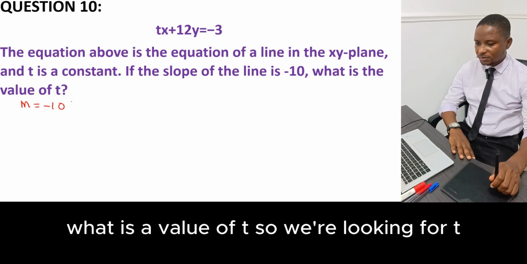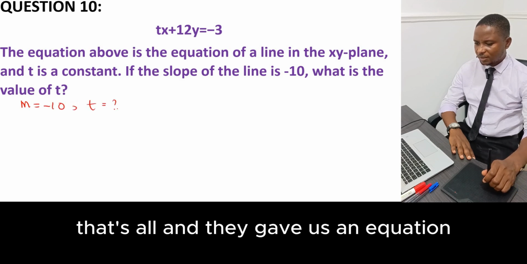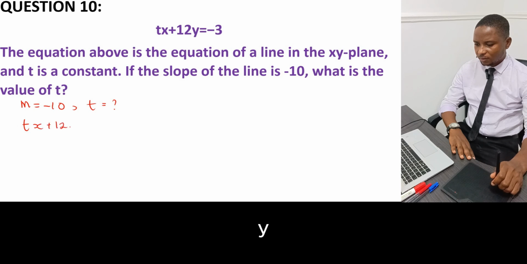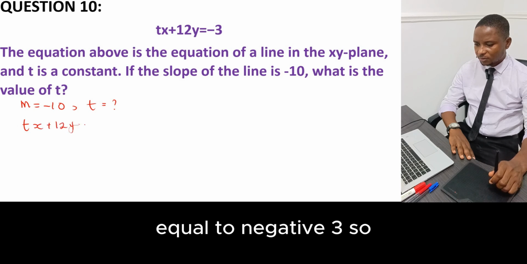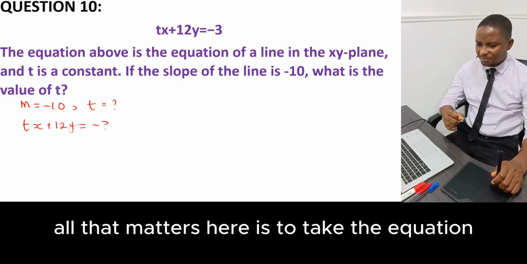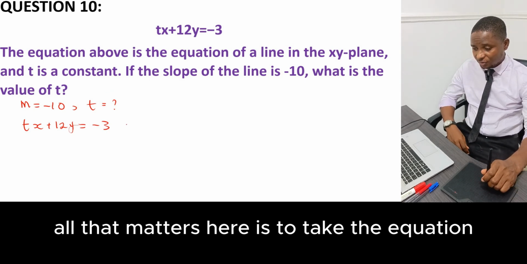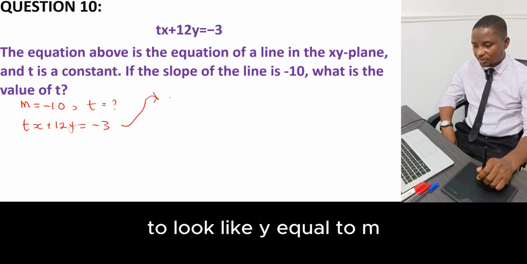What is the value of t? So we're looking for t, that's all. And they gave us an equation, tx plus 12y equal to -3.